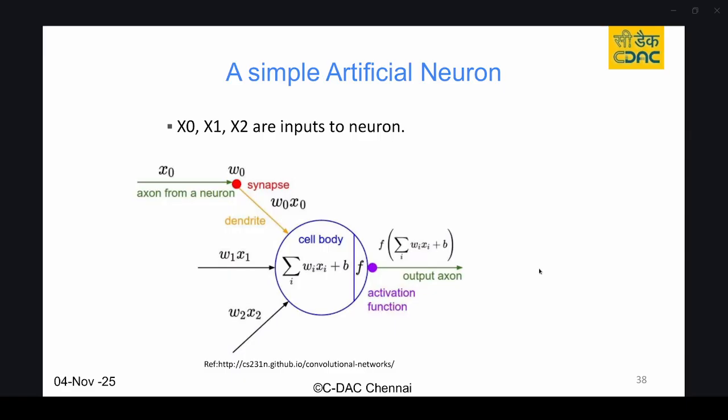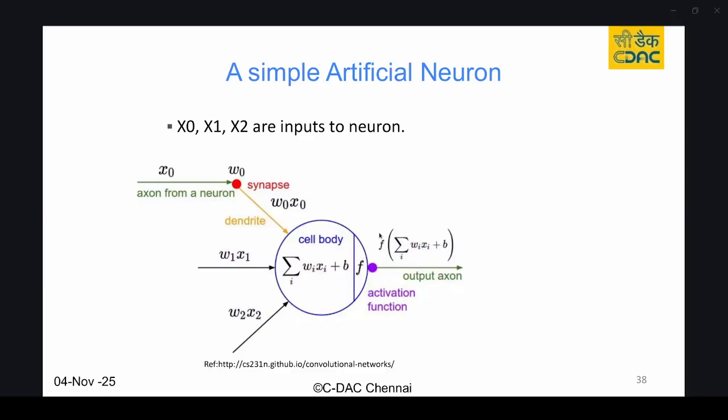Mathematicians tried to imitate this concept, so they made an artificial neuron where x0, x1, x2, etc. are the inputs for the neuron, and w0, w1, w2, etc. are called the weights of the neuron. We take sigma of wi xi plus b, where b is a constant called bias.